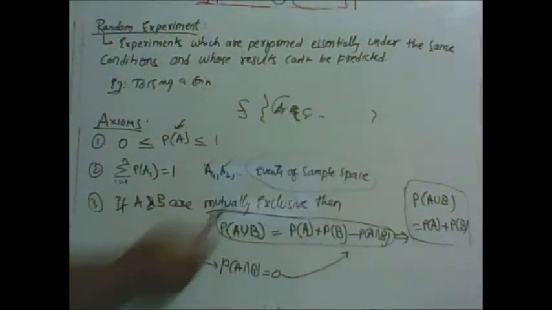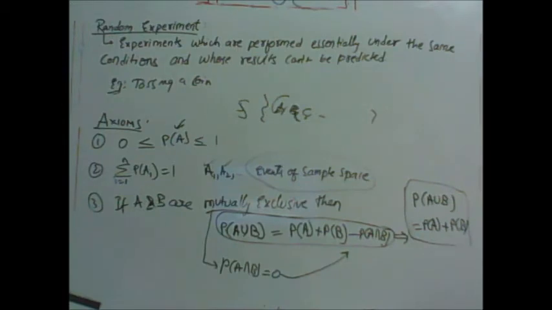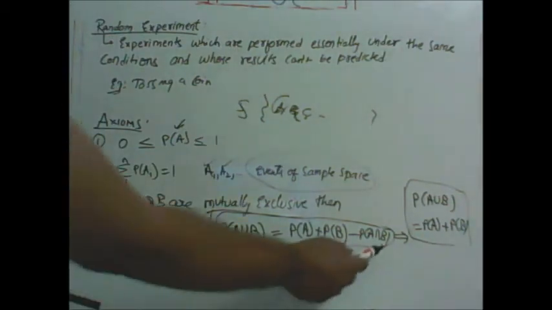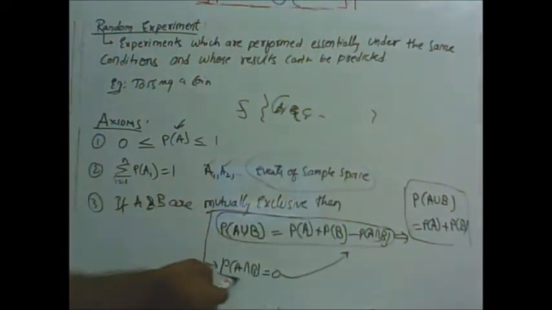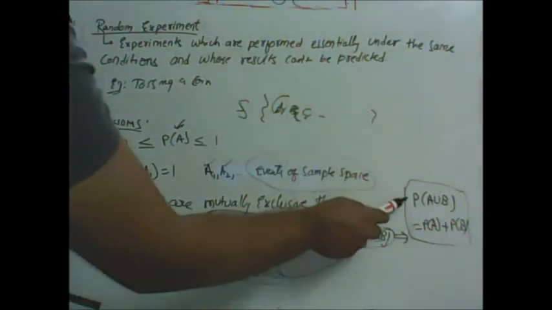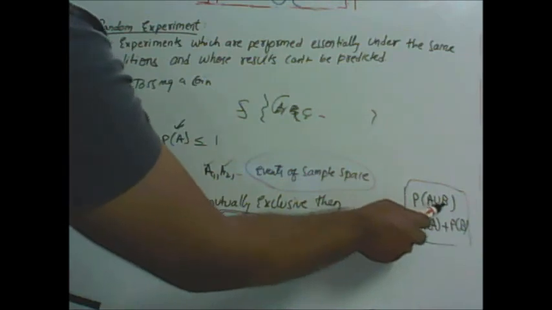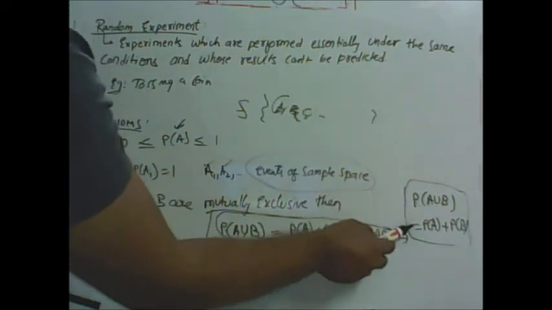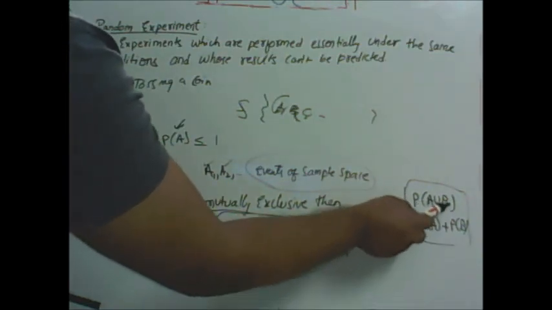But as the given events are mutually exclusive, both cannot occur together, which means P of A intersection B is 0. This implies, from the third axiom, the probability of either A or B to occur, P of A union B, equals P of A plus P of B.